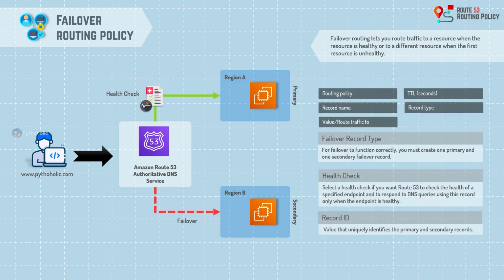Here as well, the information that you need to create the policy is provided here. But as we can see, we have 3 new entries. One is the failover record type. So basically it works like this. When you visit a website, your computer sends a request to the DNS server to get the IP address of the website server. Normally the DNS server just sends back one IP address and your computer connects to that server to get the website content.